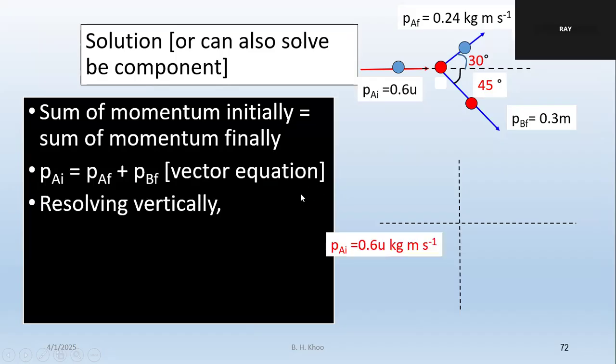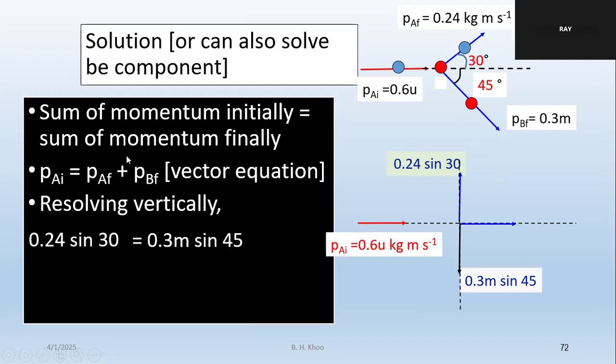We're solving vertically. This horizontal, that one. Vertically at 30, this momentum is 0.24 sine 30, up there. And then this is 0.3 M down here, 0.3 M.